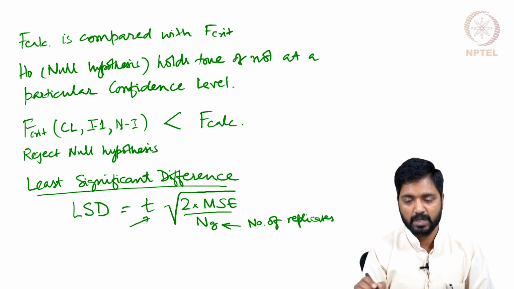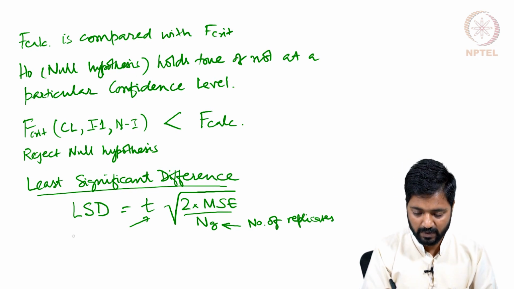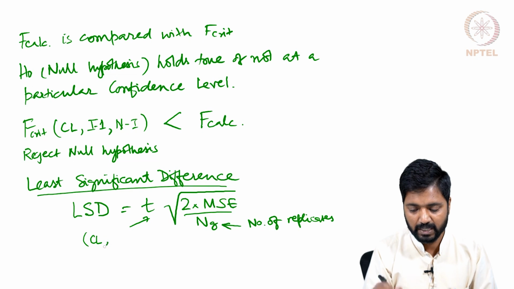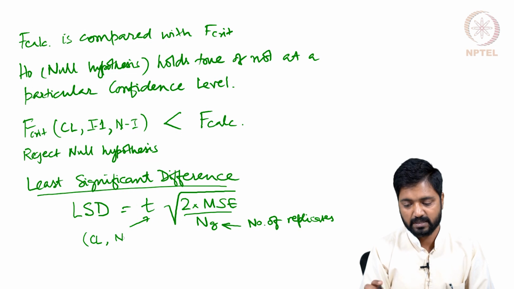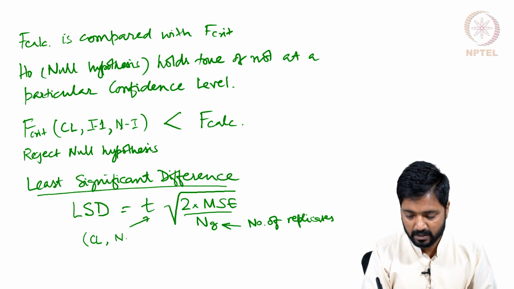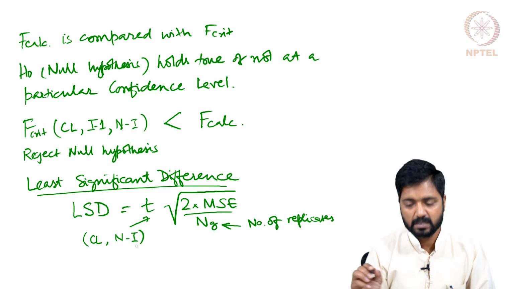The t value here has a particular confidence level and the degrees of freedom are the same as that for the error, which is n minus I.